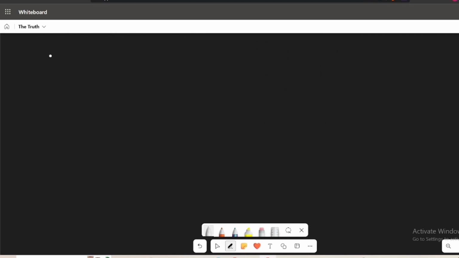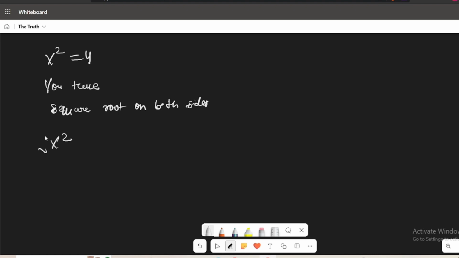When you write x² = 4 and you take a square root on both sides, this is valid, right?